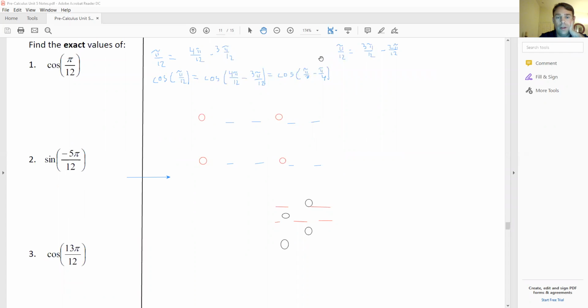Whoop, right there. And notice how we got all this junk just kind of hanging out here. So we're going to do the cosine formula. So cosine is cosine, cosine, sine, sine. So we have cosine, so that means cosine of our first angle, cosine, cosine, and then the sine of each angle.